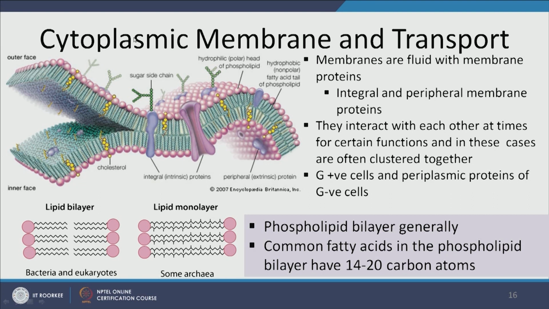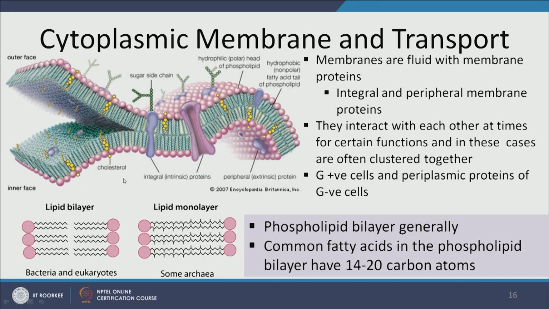So on both sides it has water. And how do you make a membrane in water? You make a micelle of oil. So the cell is basically a very tightly held micelle of oil. The hydrophobic portions stick together, whereas hydrophilic portions are exposed to the outside and the inside of the cell.